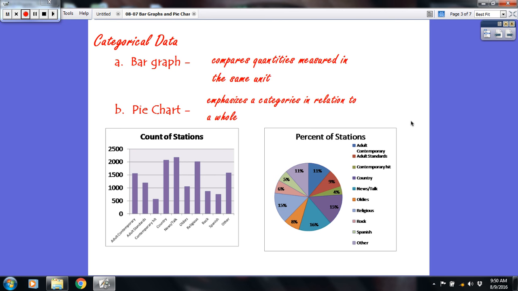So if we are talking about 100% of the radio stations here, these show each pie piece as a percentage of that whole 100% of radio stations. So this is the circumstance in which it would make sense to use a pie chart: when you're looking for percentages of a whole. Whereas with the bar graph, you're just looking for counts and measures compared to one another in the same unit.